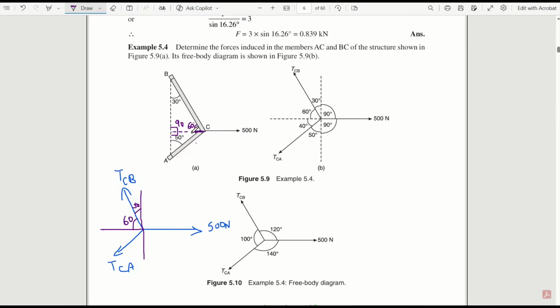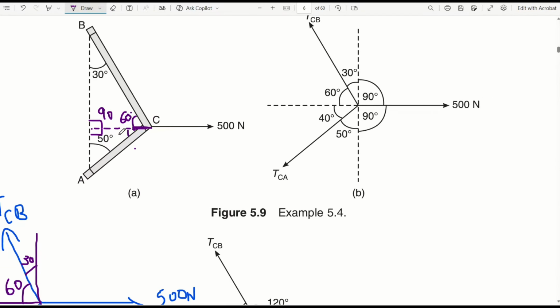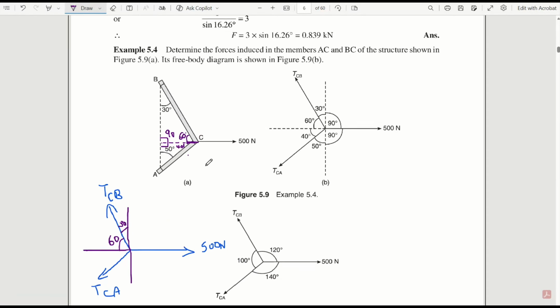So this angle is 40, and this angle as well is 40. And what is this? 40 plus 90 gives 50, correct?